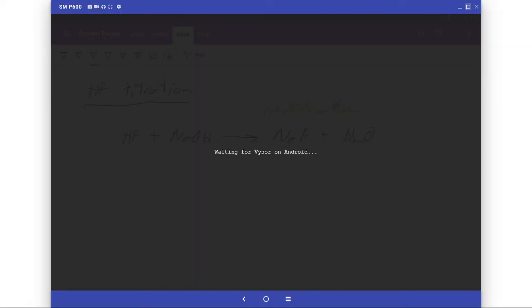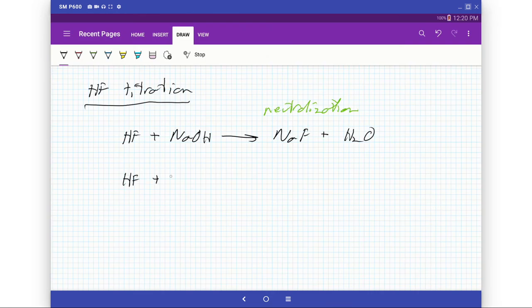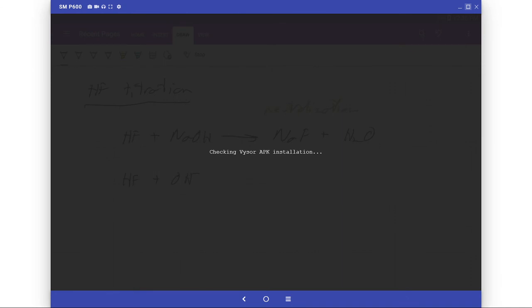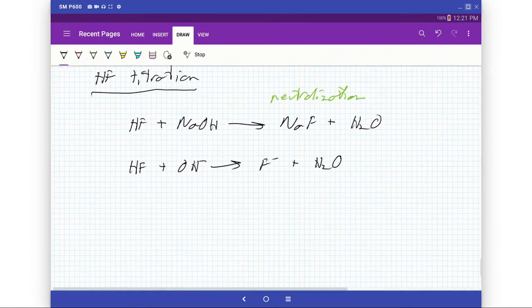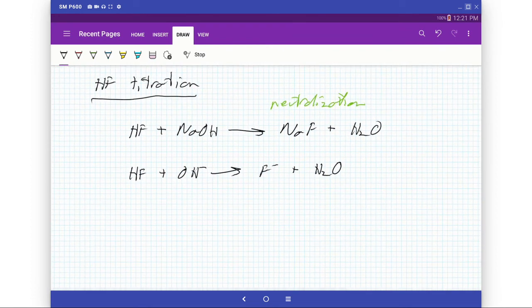We really don't care about the sodium too much, so we can simplify this to give you this reaction. It will come back, I hope. And so this is the neutralization reaction that we are going to be working with later, but I wanted to put it here.